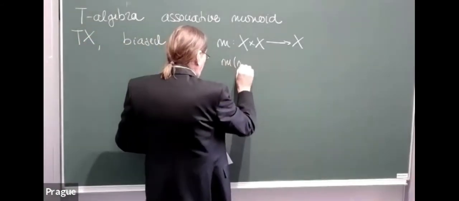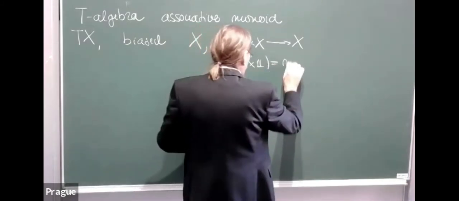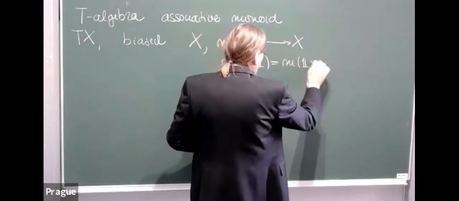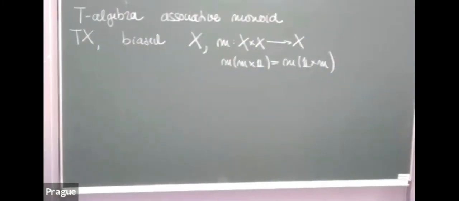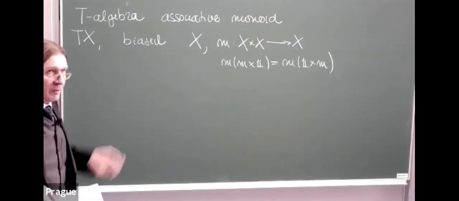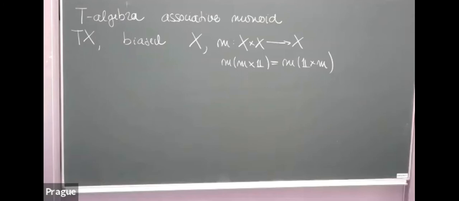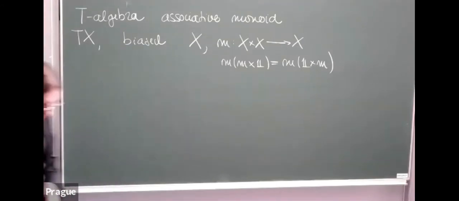A typical feature of a biased definition is that I have, usually but not always, a finite or countable number of operations and a finite or countable number of axioms. And I will follow the scheme in the rest of my talk as well.